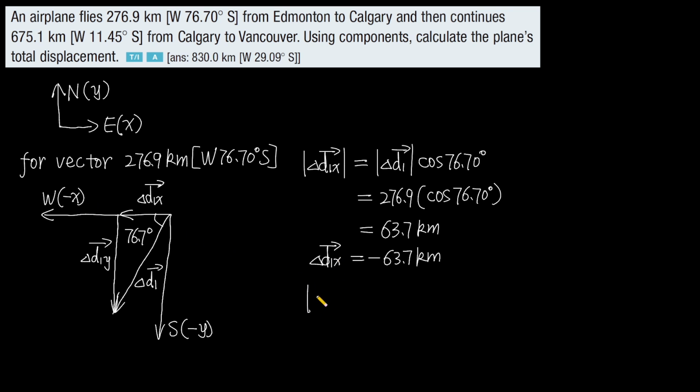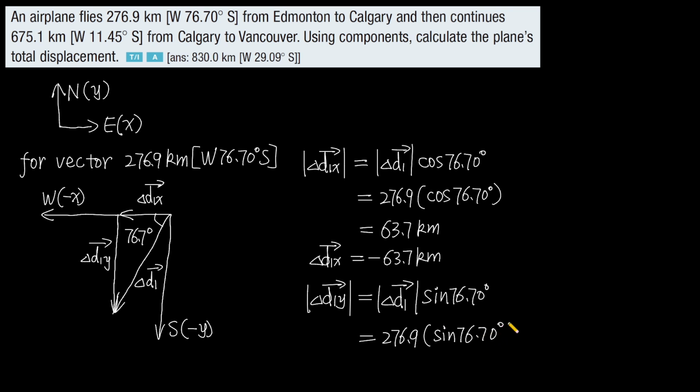Then the magnitude of the vector delta d1y equals the magnitude of the vector delta d1 multiplied by sine 76.7 degrees. And this equals 76.9 multiplied by sine 76.7 degrees, and this equals 69.47 kilometers.